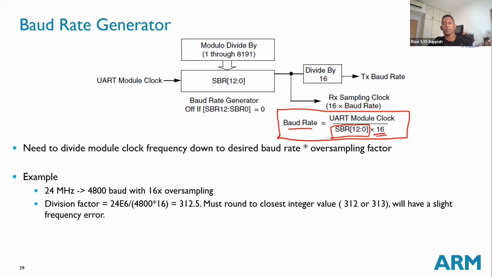Why we need to do this is because of the 16 times oversampling that we do at the receiver side. So we need to factor this in when we are deciding on the baud rate. We will come back to this formula later when we have a look at the code.